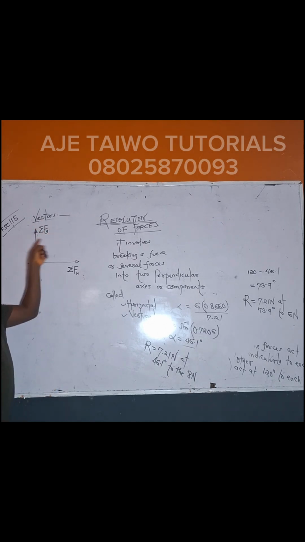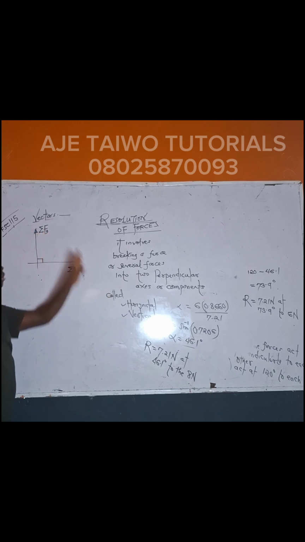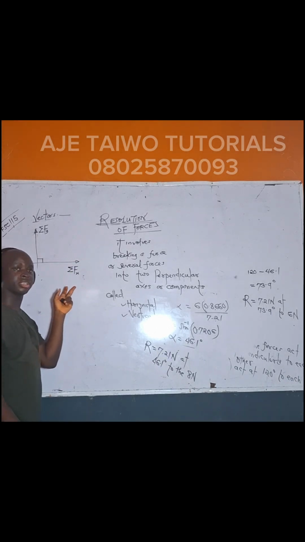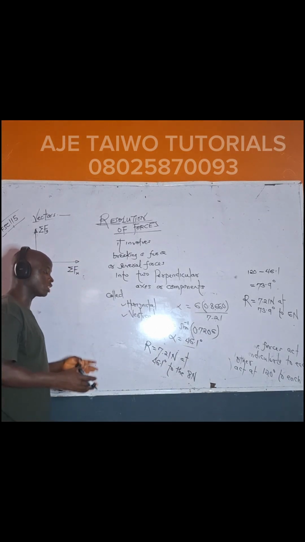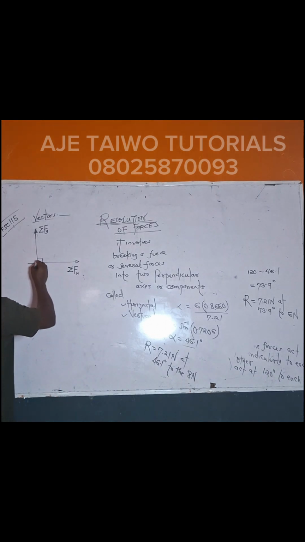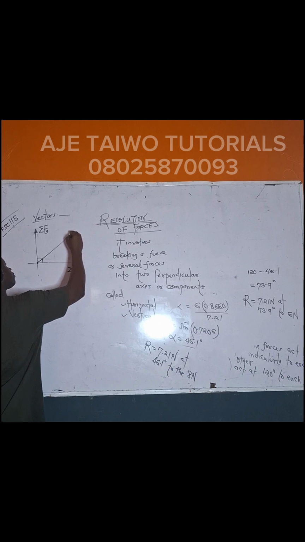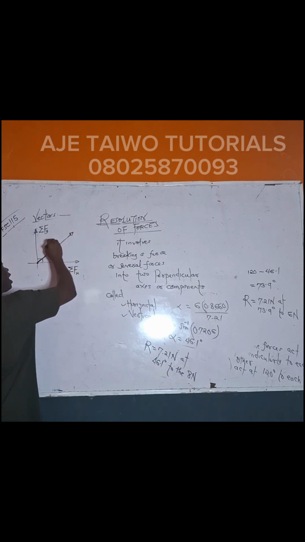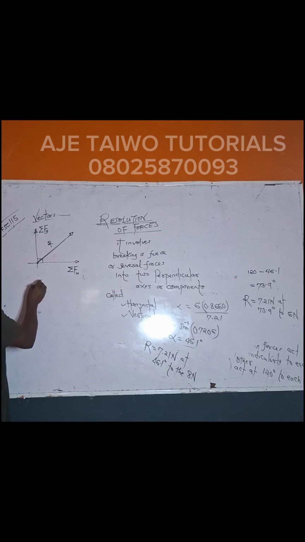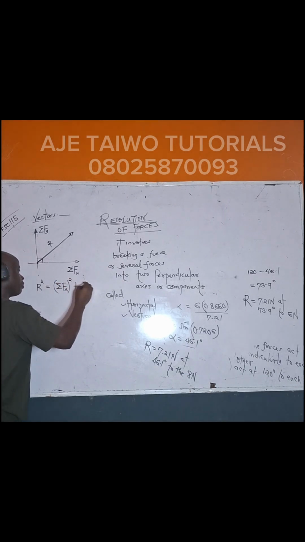When you add all vertical components together, we get summation Fy. When you add all horizontal components together, we get summation Fx. The resultant force R will be obtained from R squared equals summation Fx squared plus summation Fy squared.